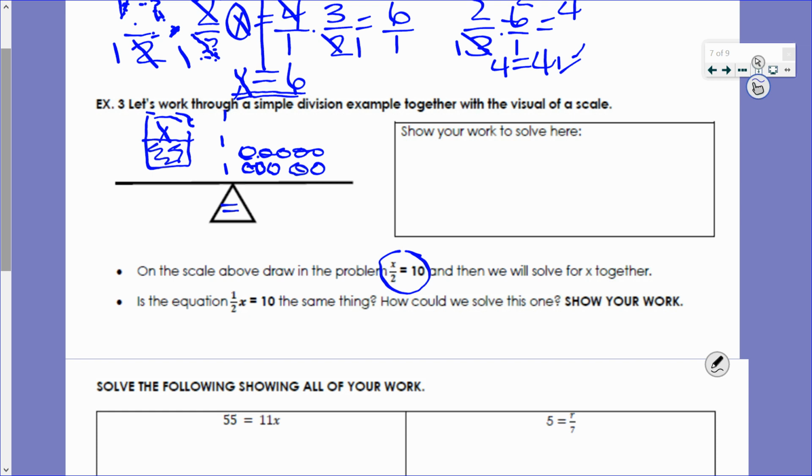Eventually, I'll get to 10. So if half of my box was 10, what's in the other half of the box, Jackson? Half of my box was 10. What's in the other half of my box?